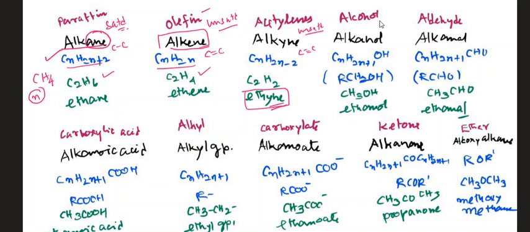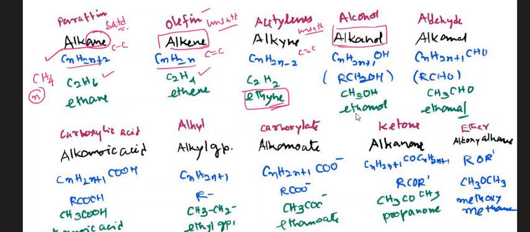Then alcohols. Their IUPAC general name is alkanol. The formula is CnH2n+1OH, where the alkyl group has OH attached. So it can be easily written as RCH2OH as the general formula.